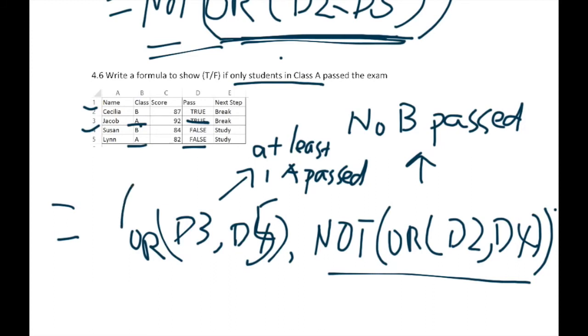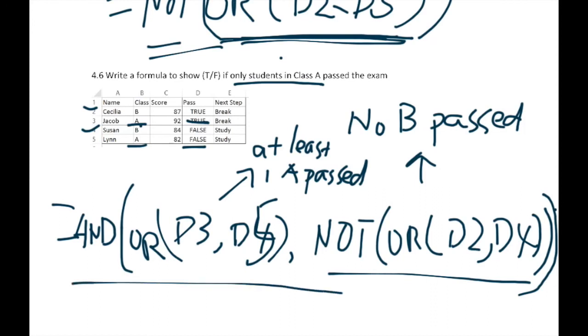And these two, you want it to be the AND function. Because we want to make sure that at least one student in class A passes the exam, and at the same time no students in class B pass the exam. So that means only students in class A pass the exam. So this one should be the answer.